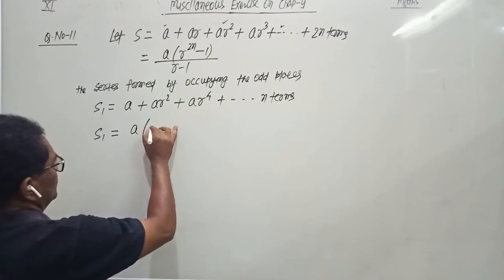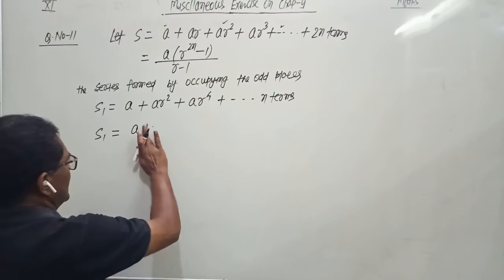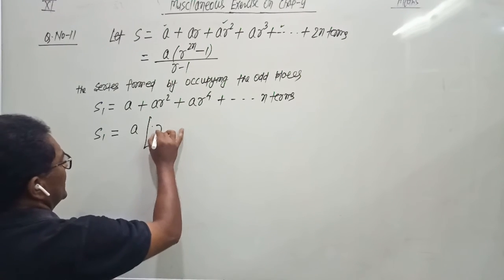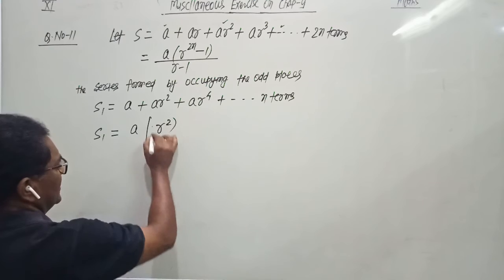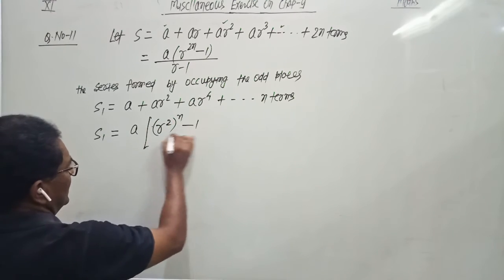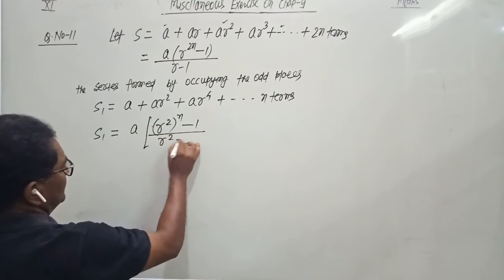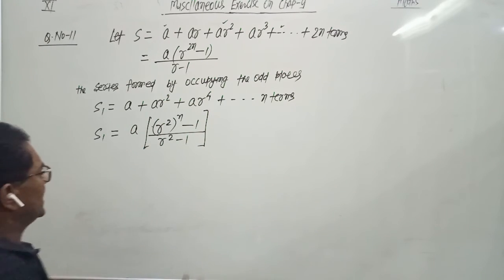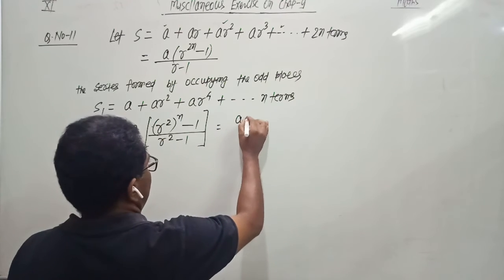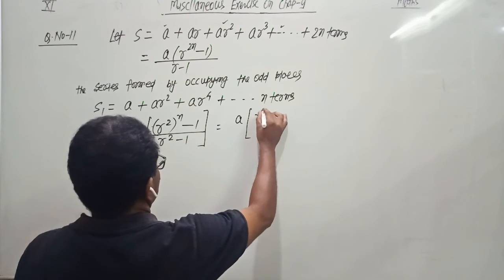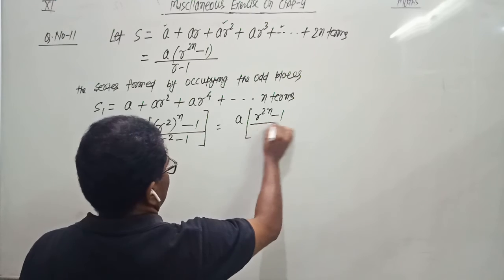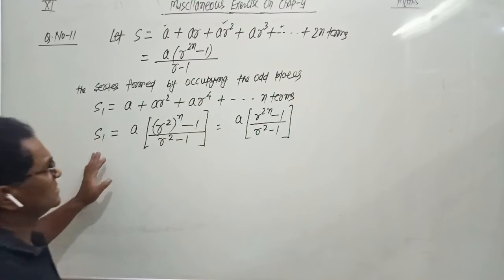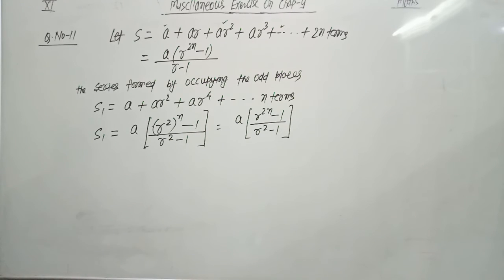So a into r square raised to the power n minus 1 upon r square minus 1, which gives a into r raised to the power 2n minus 1 upon r square minus 1. This is the value of S1.